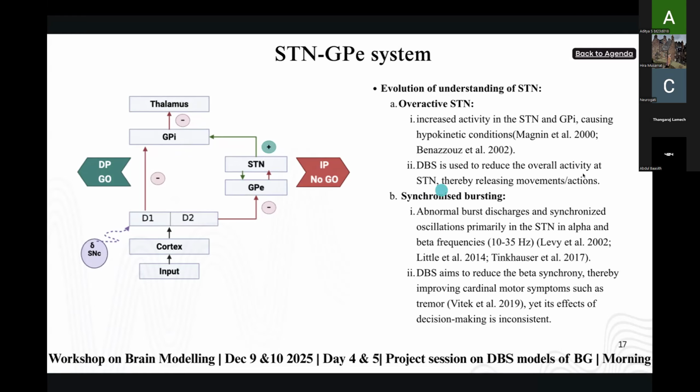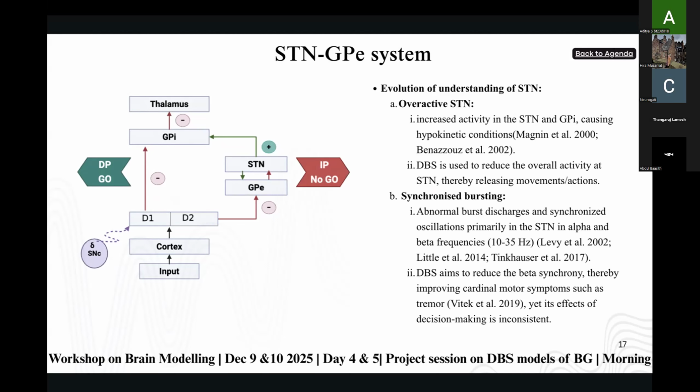Such bursting activity around 10 to 35 hertz is actually seen, and it is synchronized. When I say synchronized, all neurons fire together or stay silent together. Then they figured out that the DBS goal was to actually reduce this beta synchrony, which is why it was able to improve the symptoms, or the motor symptoms.